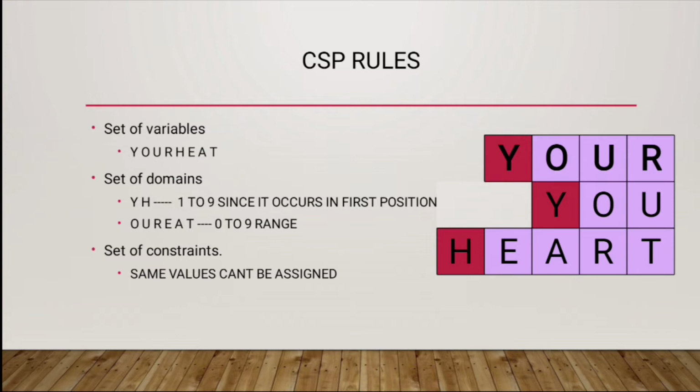I told you already 9 is the maximum value. So 9 plus 9, 18 will be there. So that is the highest value H can have. So I can take the value of H as 1, and so it proves that Y should take a value 9.